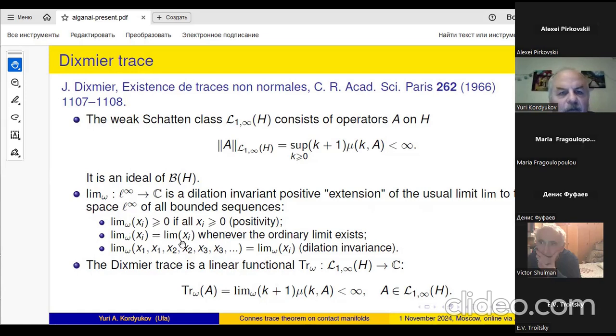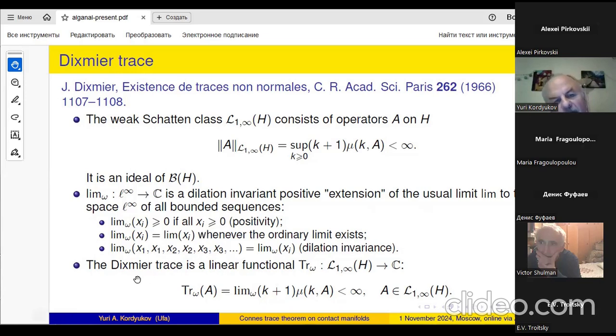It coincides with the usual limit when the ordinary limit exists. And dilation invariant means that if we double the sequence, so we take each term twice, then this exotic limit will be the same. There are many such extensions, and a series of so-called Banach limits are particular cases of this.